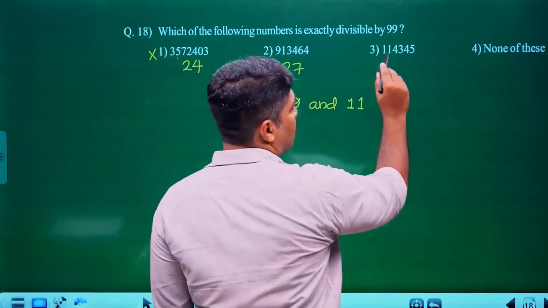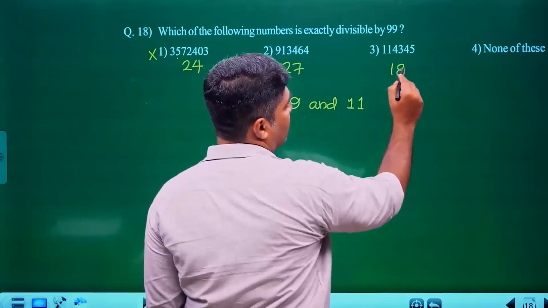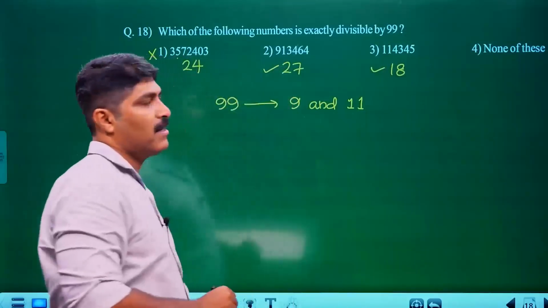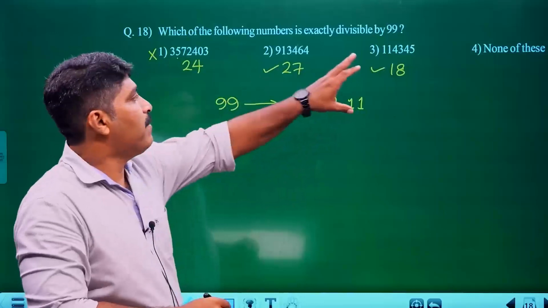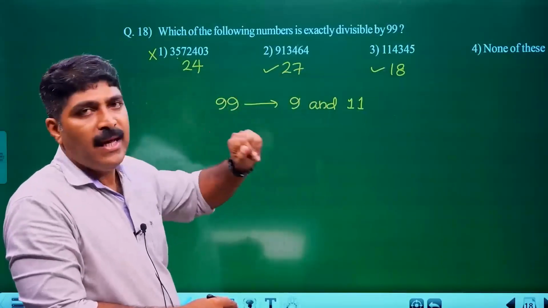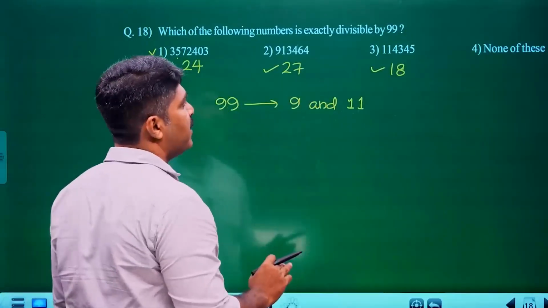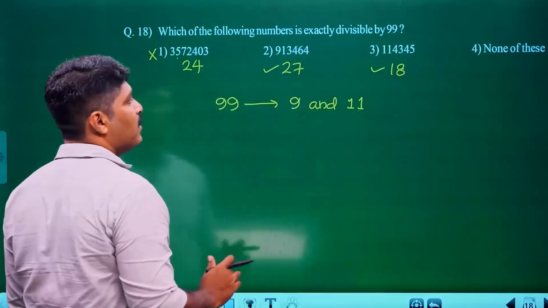And the next one, this is 2 plus 4, that's equal to 6, 9 plus 9, 18. There is again a chance. Got it? So here, these two numbers are satisfying the divisibility condition of 9. So therefore, we have to consider the next step, that is the divisibility condition for 11. So how to check?